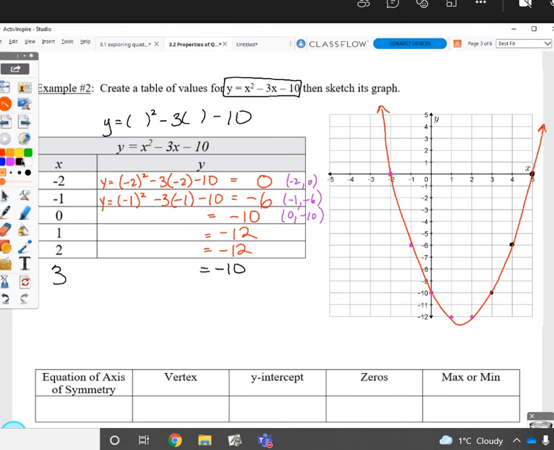Folks, the equation of the axis of symmetry. Maggie, you said that it was x equals 1.5. And we know that it's got to be right here, between 1 and 2. X equals 1.5.